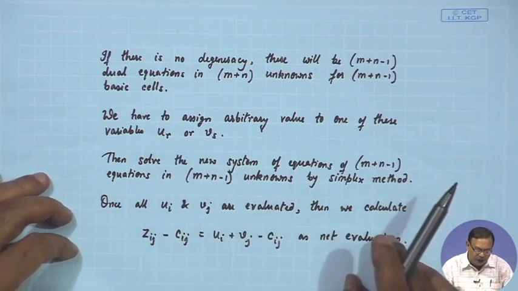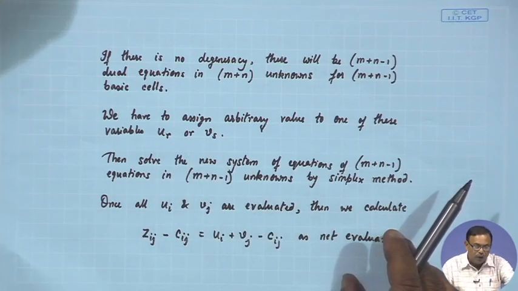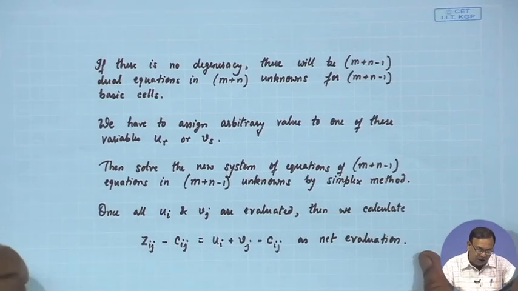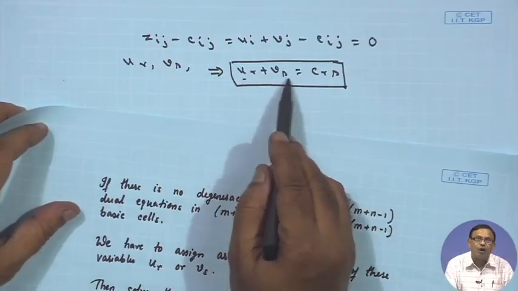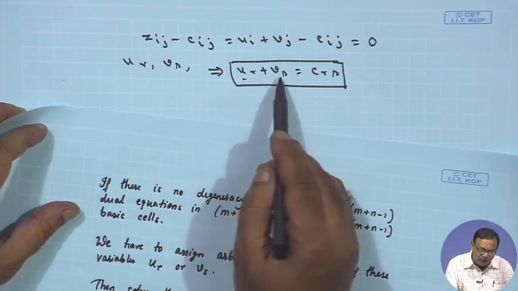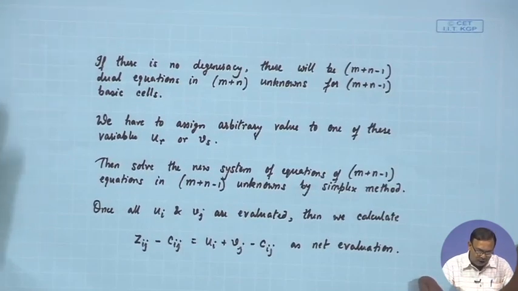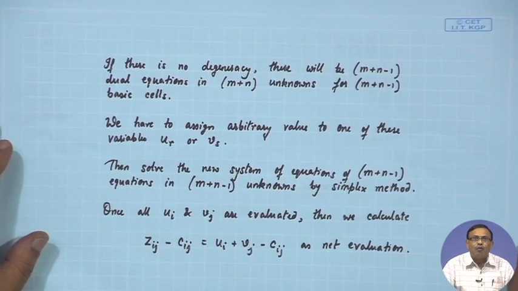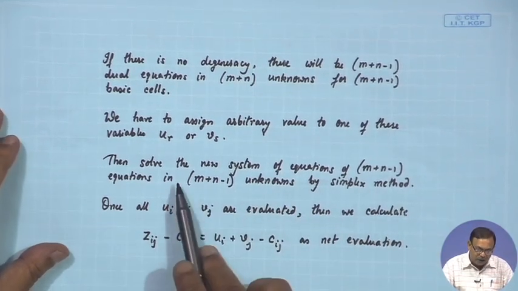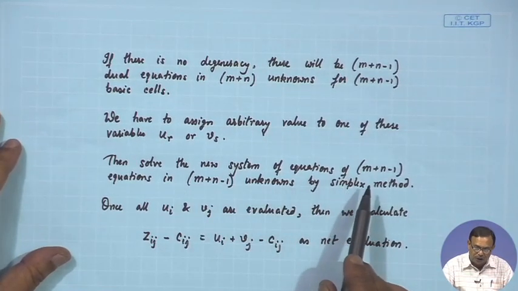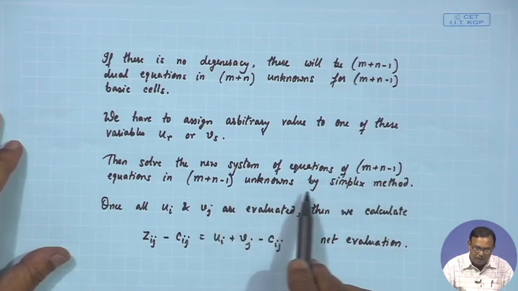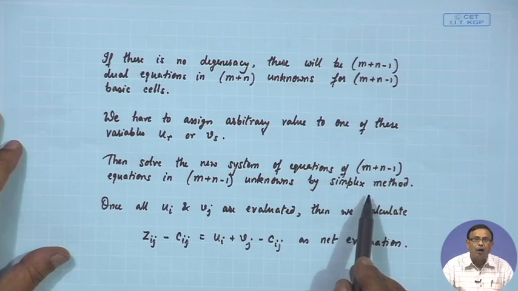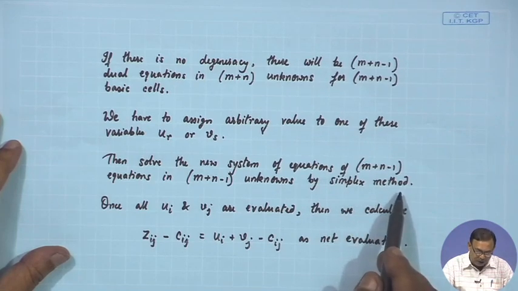So, basically, whenever I write this equation, I have to find the values of u_r and v_s and proceed further from there. We have to solve the system of m plus n minus 1 equations in m plus n minus 1 unknowns in the simplex method.